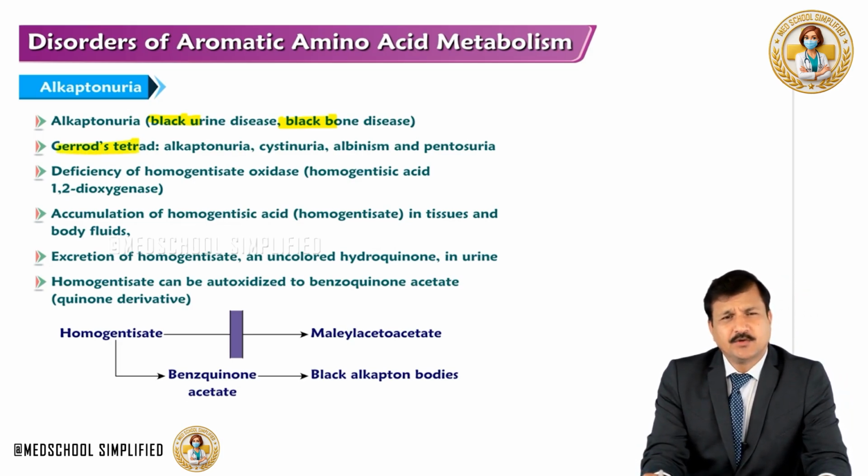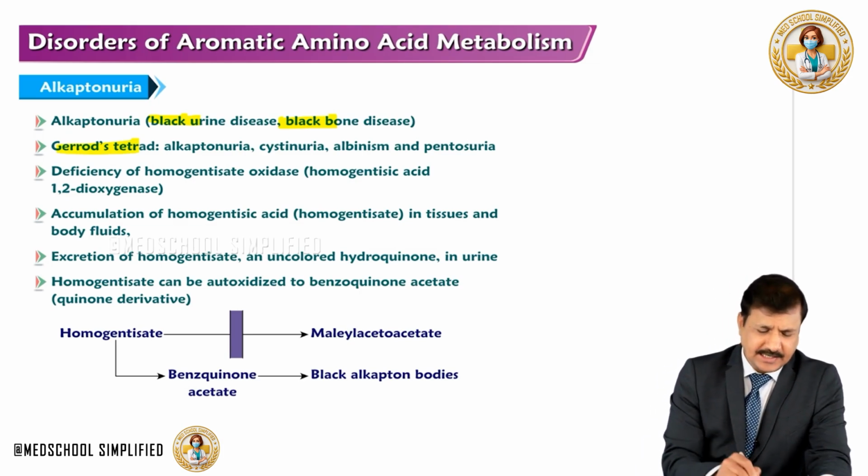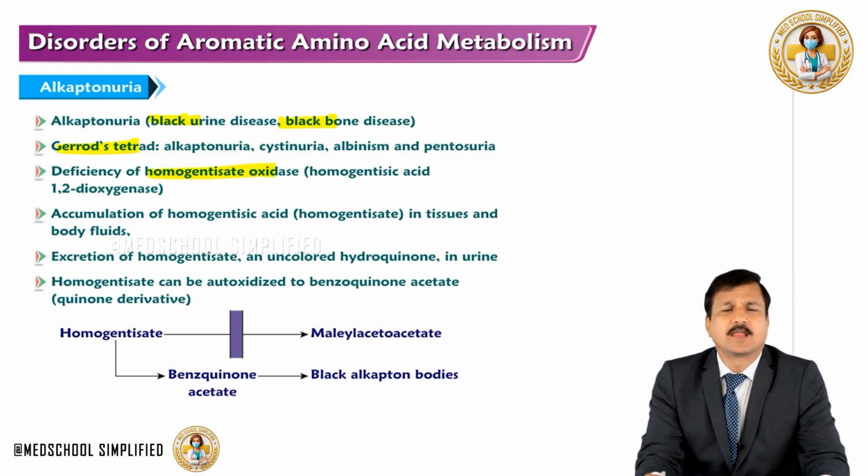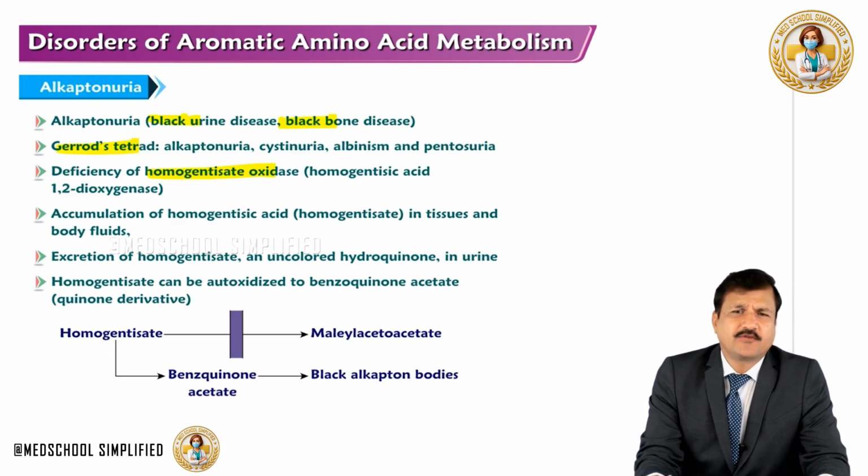In Alkaptonuria, the deficiency of the enzyme homogentisate oxidase is known. Homogentisate oxidase is also referred to as homogentisic acid oxidase or homogentisic acid 1,2-dioxygenase. It is the same name.